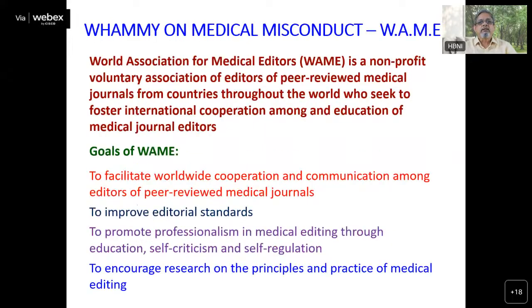Okay. Then there was another association, called WAME, the World Association for Medical Editors. This is like COPE, but the spectrum of activities is rather narrow, and they are associated mainly with journals which deal with medical research.